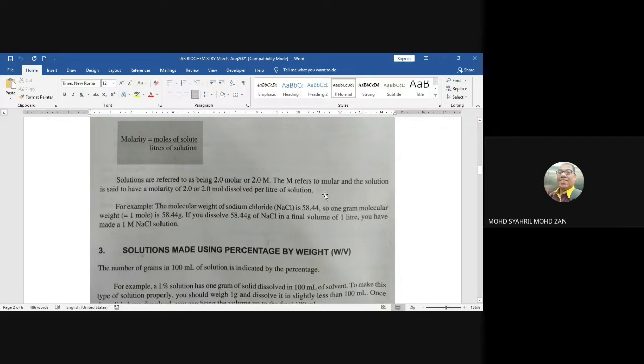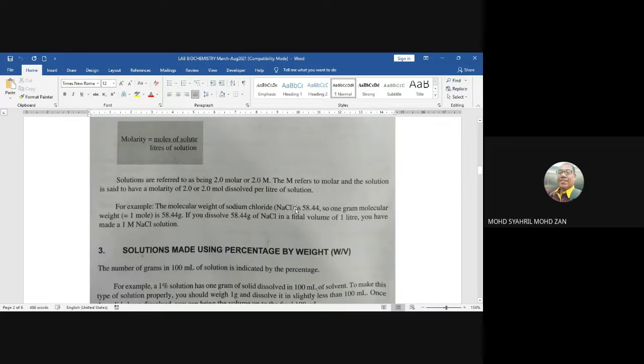That's the meaning of molarity, right? So we have 58.44 grams of sodium chloride, and we mix it into 1 liter. So what is that 1 liter known as? 1 molar. Why? Because 1 molar refers to the 58.44 grams inside that solution. That's the meaning of molarity, right?